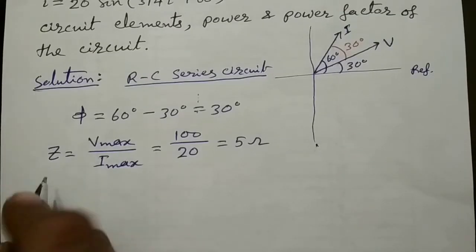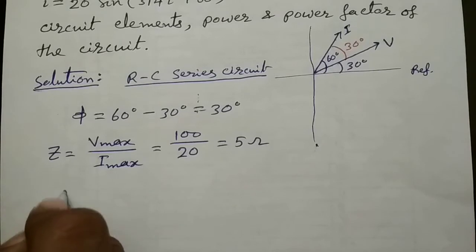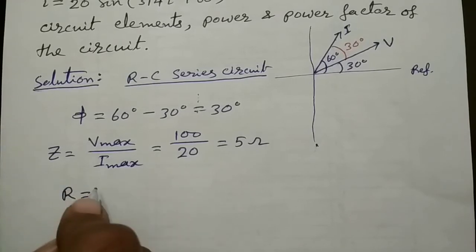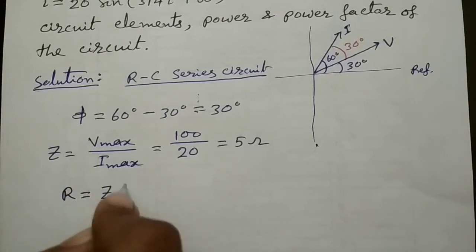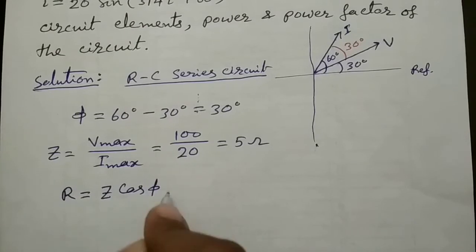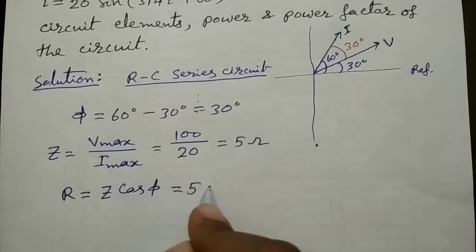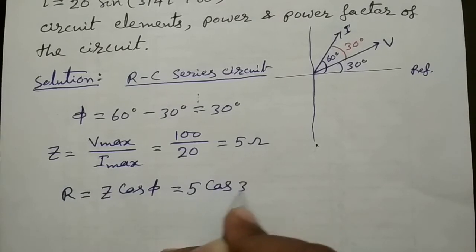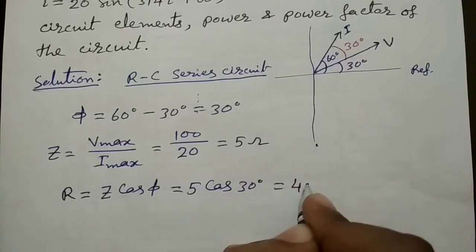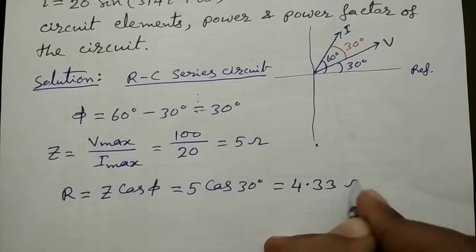Now from the impedance triangle, we know that the resistance can be written as Z cos phi. So Z is 5 and cos 30 degree. So the value of the R will be 4.33 ohms.